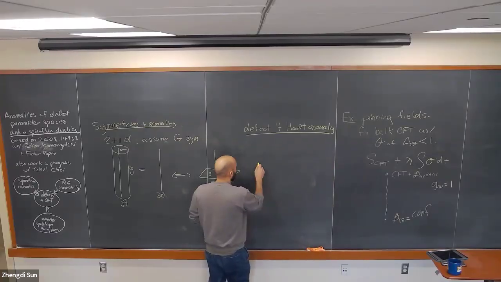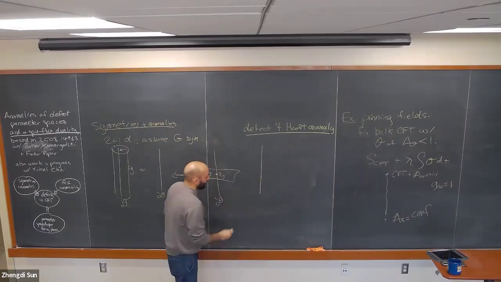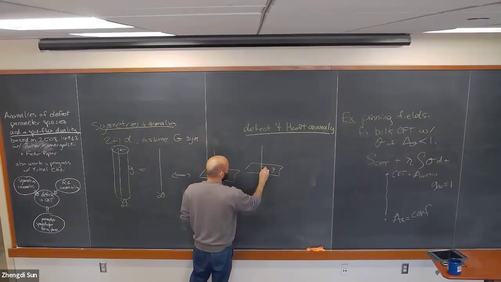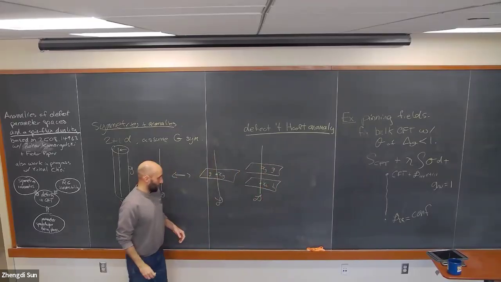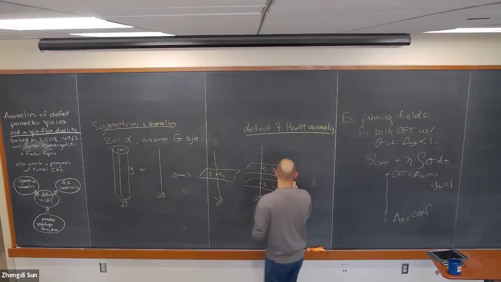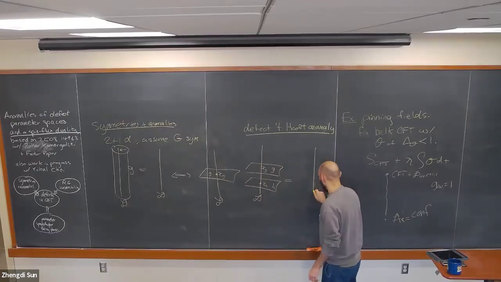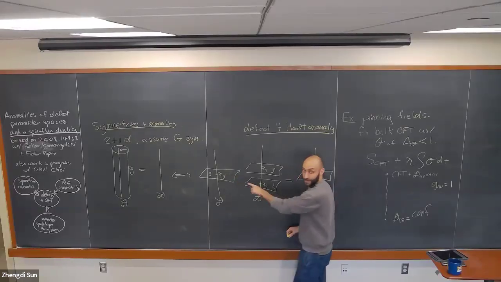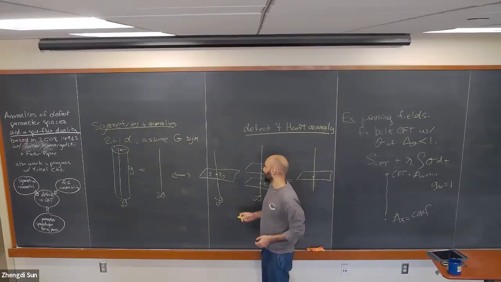So what I do is I take my line defect and I try to fuse two symmetry surfaces in the presence of this line defect. And when I do this, so I had to fix some choice of these junctions in advance. Your choice might not be the same as mine.